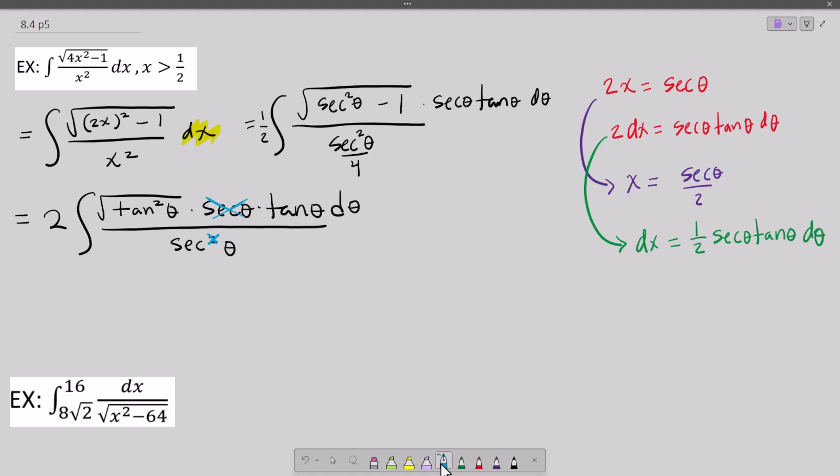So square root of tangent squared could be negative tangent depending on where theta is, like if theta is in quadrant 2, where tangent is negative, but we're just going to assume no funny business. So this is going to reduce to 2 integral. Square root of tan squared is tan. Tan times tan is tan squared. So we have tan squared of theta divided by secant of theta, d theta.